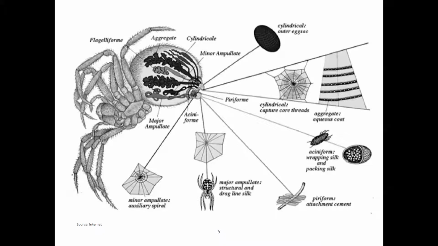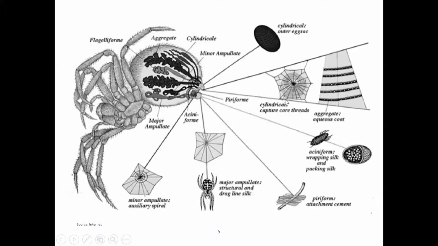For example, let us take the cylindrical gland. The cylindrical gland produces silk which is protective in nature, and it is used for covering the outer egg sac. Similarly, the minor ampullate gland produces the silk used to make the auxiliary spiral.